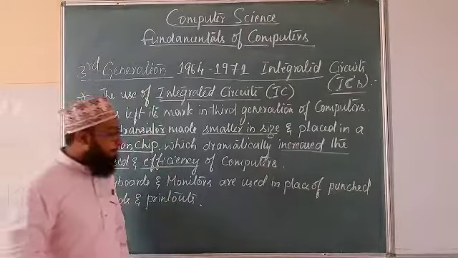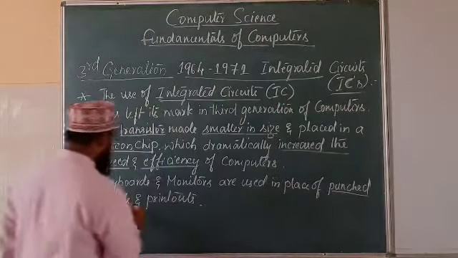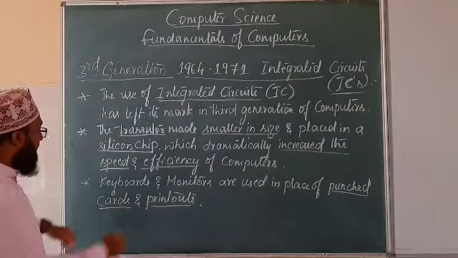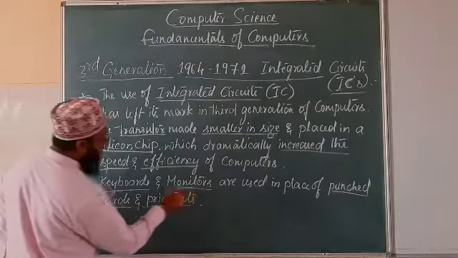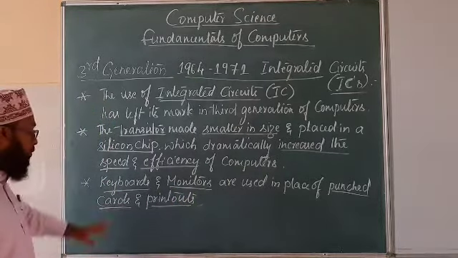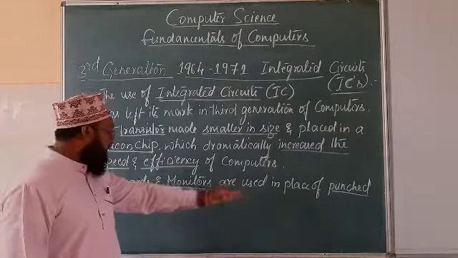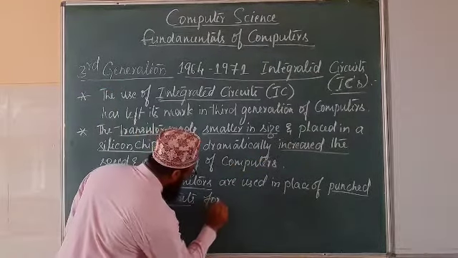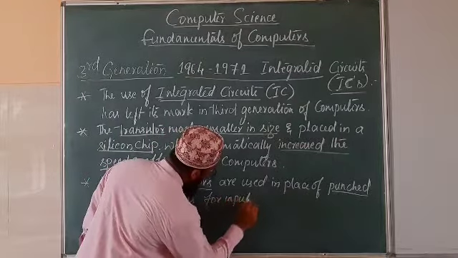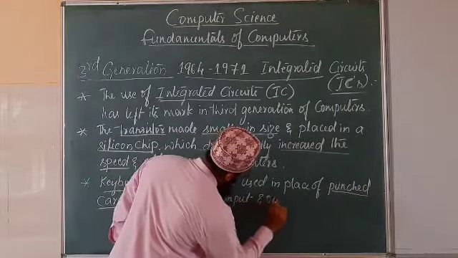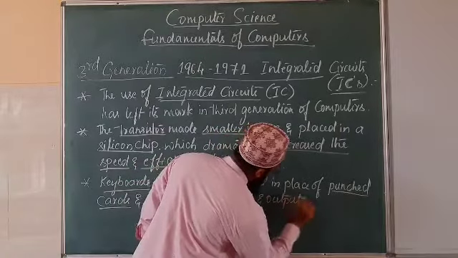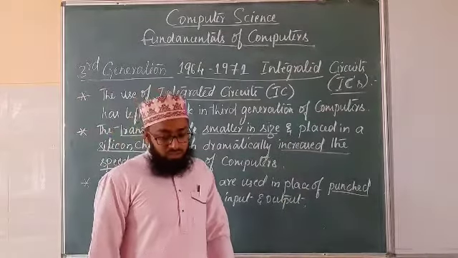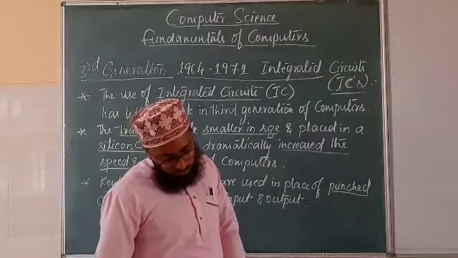Okay, punched cards and printouts were used for inputs and outputs, but here keyboards are used for input and monitors are used as outputs. Keyboards and monitors are used in place of punched cards and printouts for input and output. So these are the things about the third generation of computers.